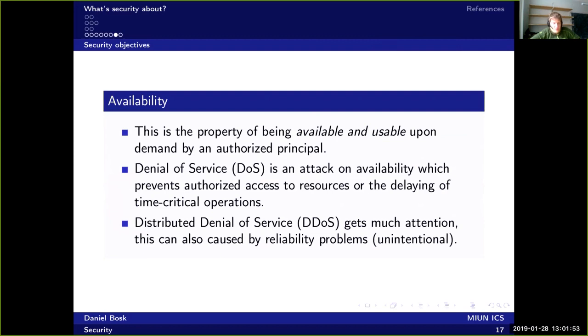It's commonly used, but it's the same term in general. A common denial of service attack is distributed denial of service attacks. And basically, this could be a reliability issue as well.